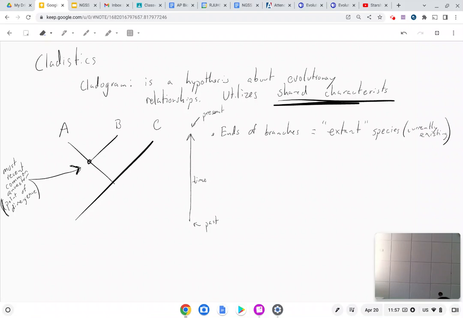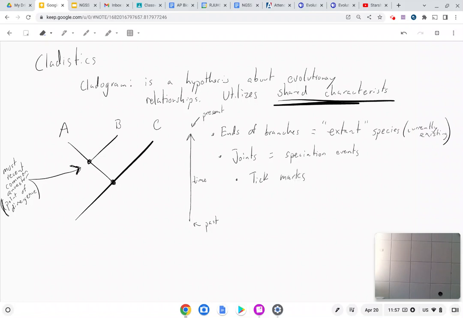The joints, or those points of the little dots that we have here, those represent speciation events, points of divergence, where they break off and evolve into different species. And then you might see tick marks.